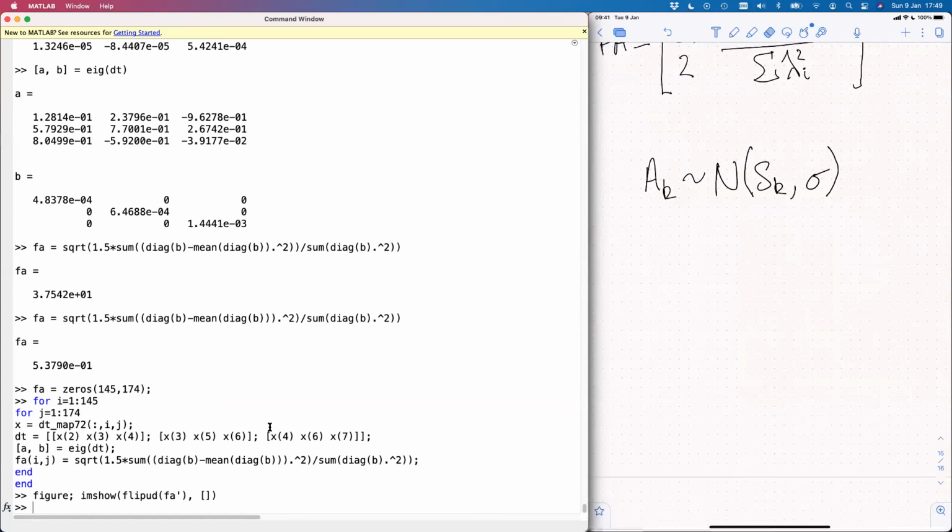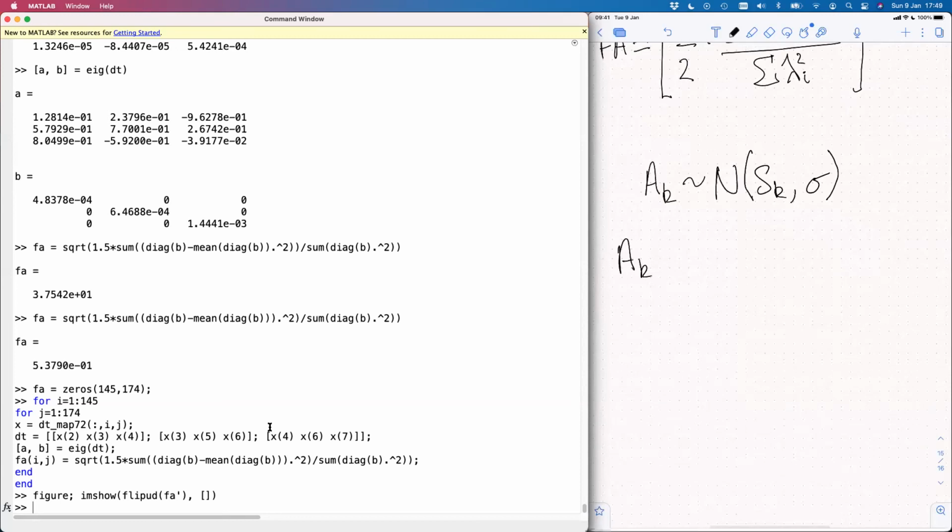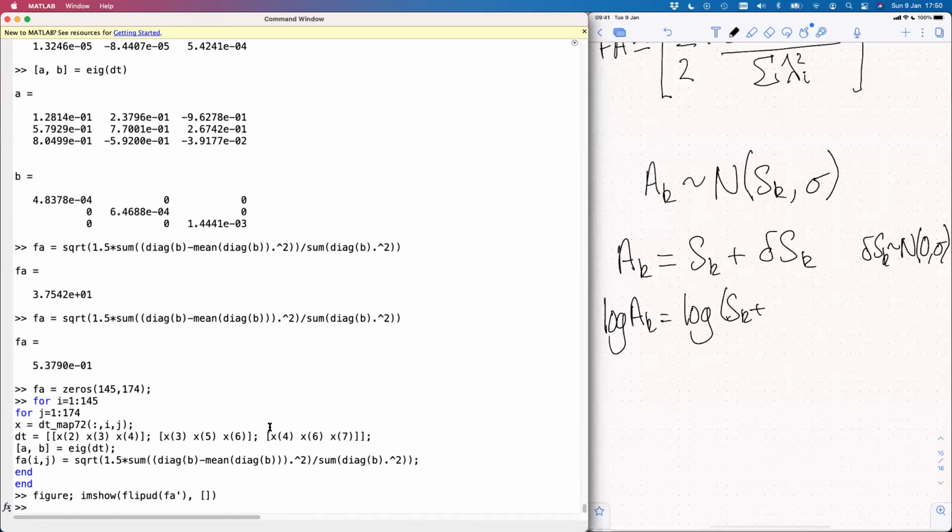We are saying then that we think AK is the corresponding signal plus some small perturbation, where delta SK, the noise perturbation, follows a Gaussian distribution with zero mean and standard deviation sigma that doesn't depend on K. Now let's take logs of this. So then log of AK equals log of SK plus delta SK.